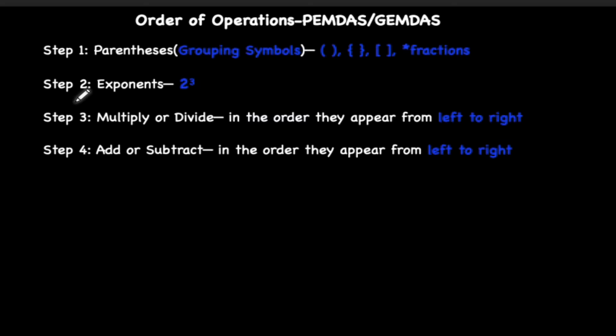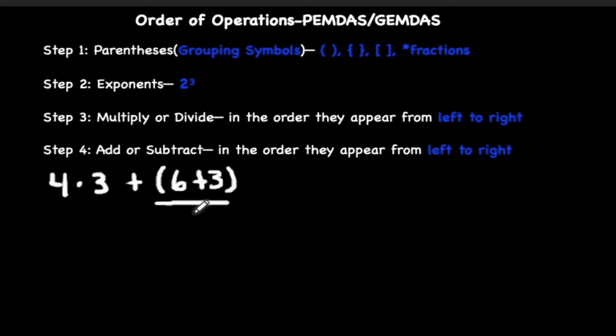Let's say that you have 4 times 3 plus 6 plus 3 enclosed in parentheses, and that's divided by 3. Our first step here would be to perform what's inside of parentheses first, right?